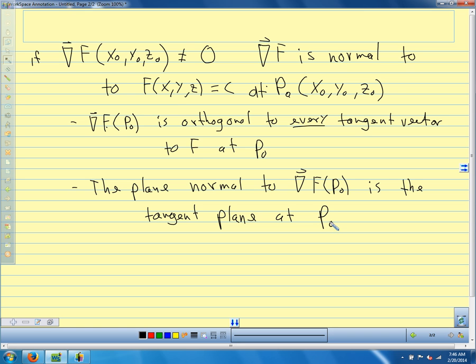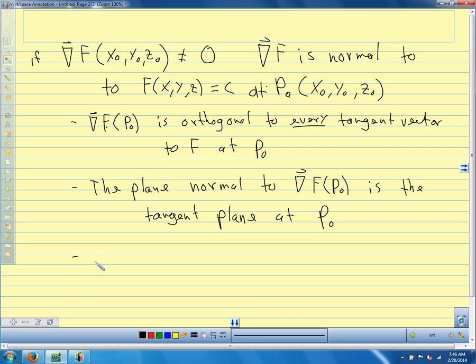So we're going to use del F, our gradient, as the normal vector to our tangent plane. The gradient is normal to every tangent vector, so it's going to be normal to the tangent plane at that particular point. This gives us a way to find our tangent plane. Del F gives us our normal vector, and it is normal to our tangent plane at P0.